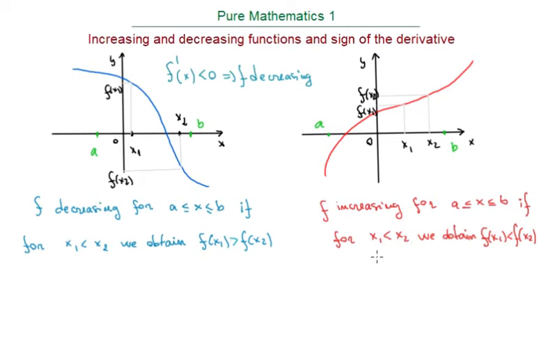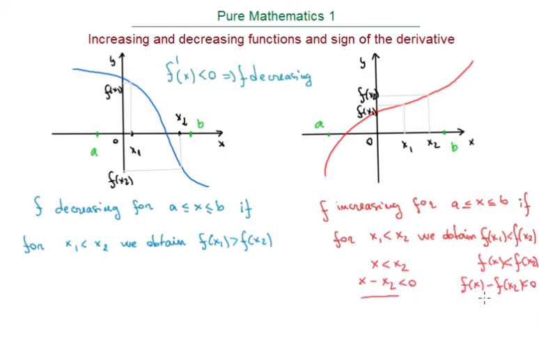And we will again say instead of x1, we have any random value of x is less than x2, which implies for us that f of x is less than f of x2. x is less than x2 means that x minus x2 is less than 0. f of x is less than f of x2 means that f of x minus f of x2 is also less than 0.